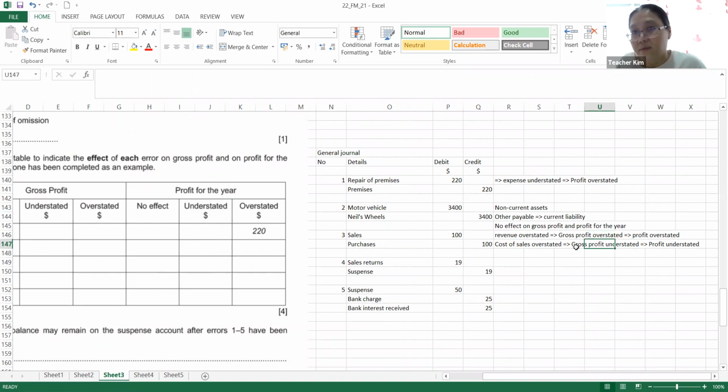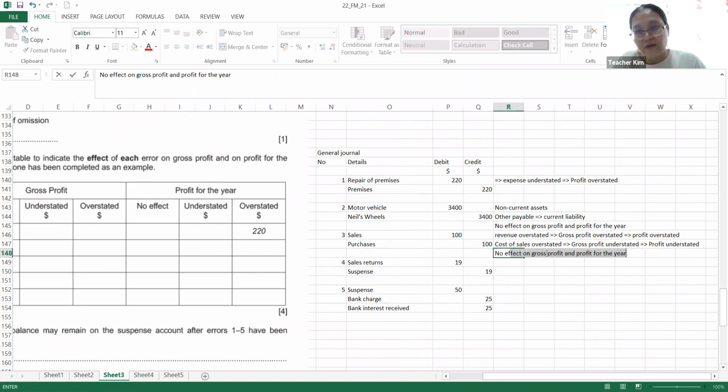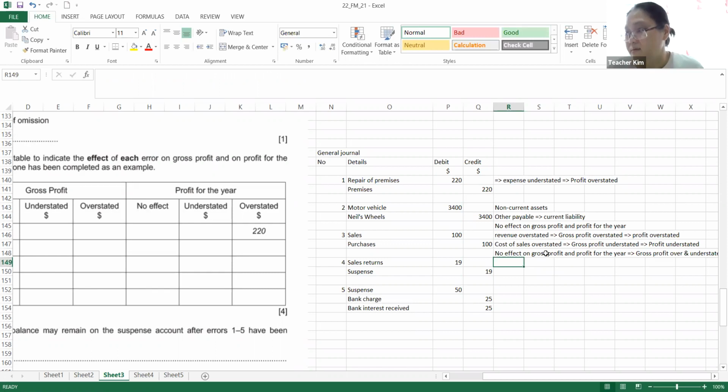Net off. That means eventually no effect, because gross profit over and understated. So that's why no effect on it.